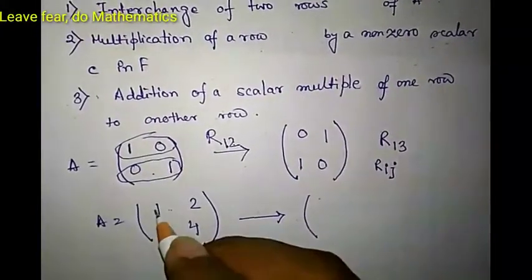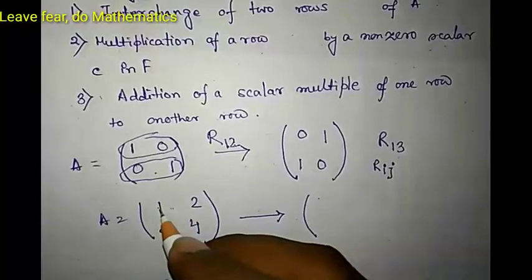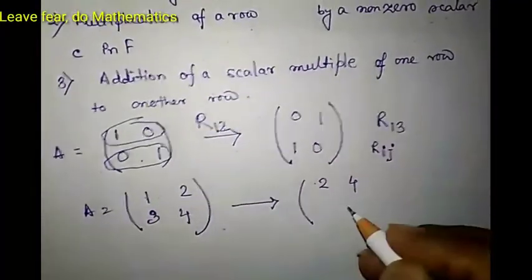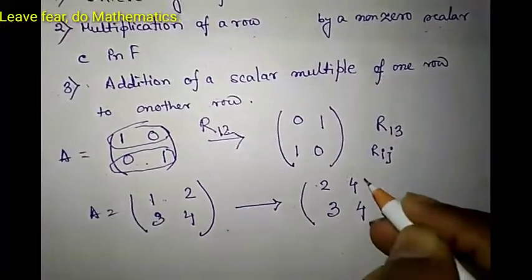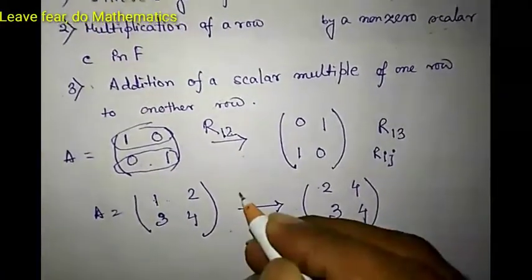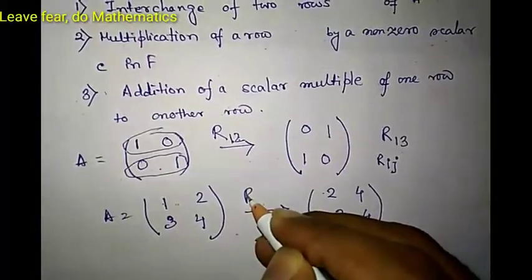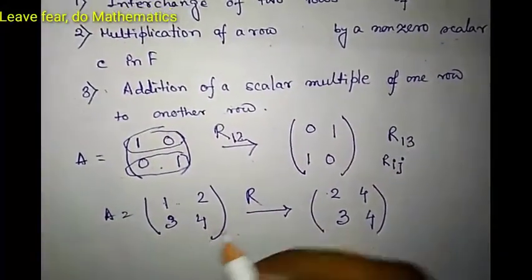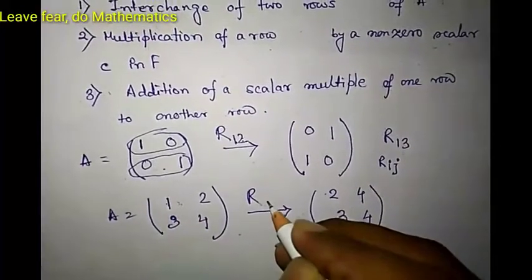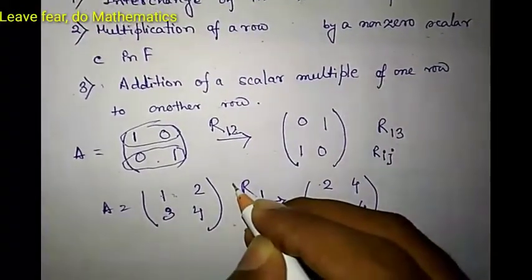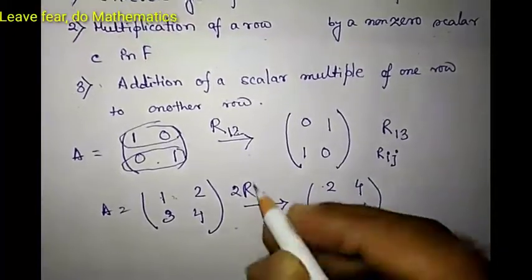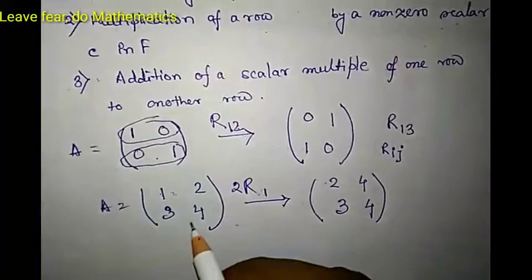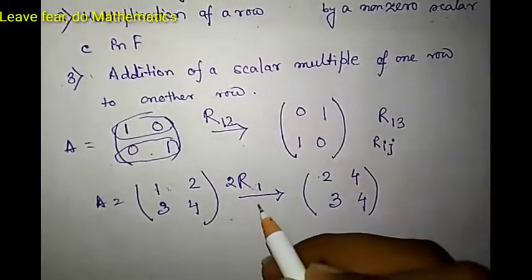If we multiply the first row with 2, it becomes 2 into 1 equals 2, and 2 into 2 equals 4, and the second row remains unchanged. How to denote this? We are multiplying the first row, so R1 by c, where c is 2, so we can write this as 2R1. If we multiplied the second row, we can write it as 2R2.